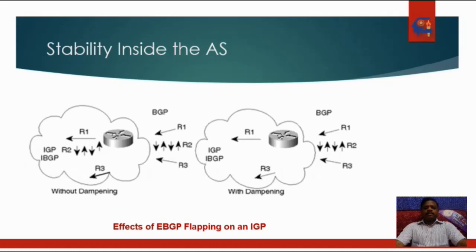In either case, the oscillation of R2 creates major overhead for the border router and on the interior routers. IGPs will flood and remove the route as long as the route is unstable. With route dampening, the ill-behaved route will be suppressed after reaching the suppress limit and will be prevented from entering the autonomous system.